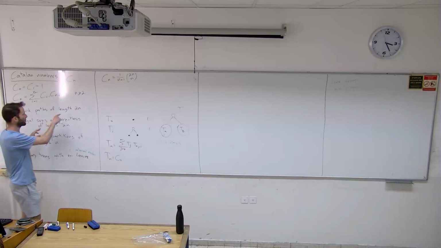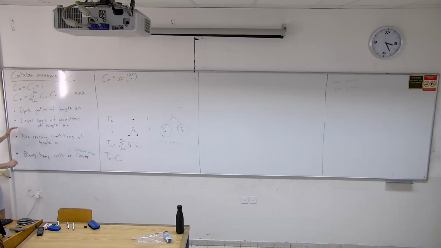I can pick the problem that I'm most convenient with, assuming for all of them I was able to show that they satisfy this recurrence relation. Once I do that, it's enough to count one of them, prove that this is its formula to be convinced that this is the solution for all of them.